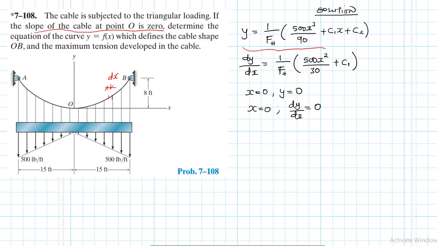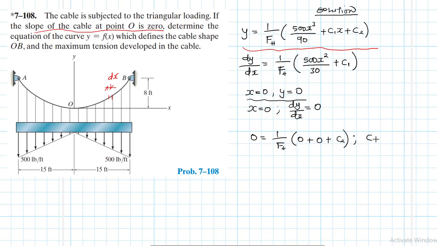So let's use the first equation and plug in x equal to 0, y equal to 0. If we did so, we have y equal to 0 equal to 1 divided by this constant FH, then we have a 0 plus a 0 plus c2.